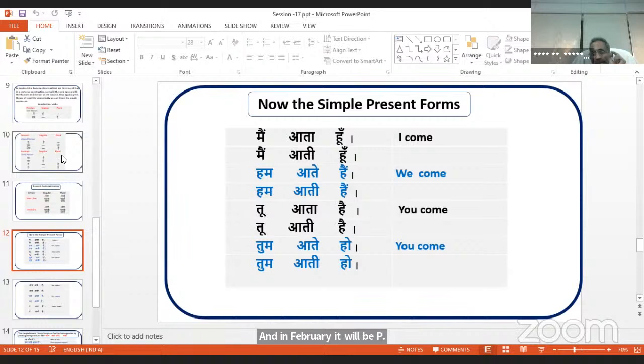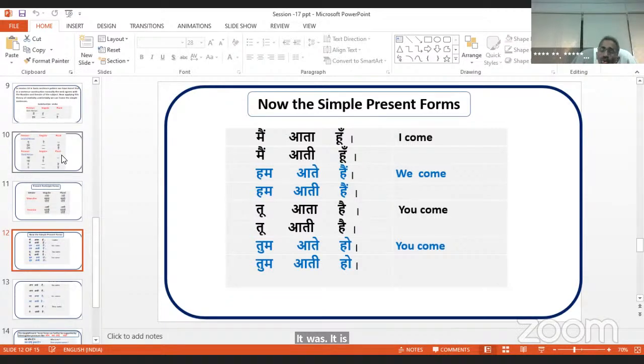Hum aate hain, hum aati hain. That formation changes, you may note it. Main takes hoon, hum takes hain.